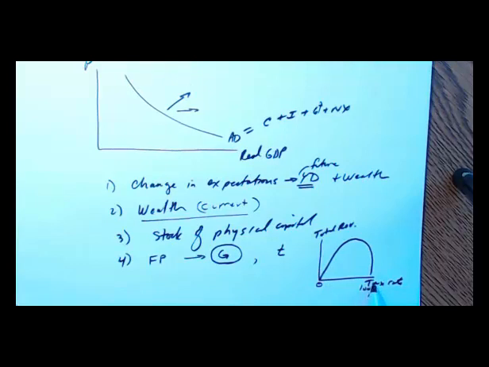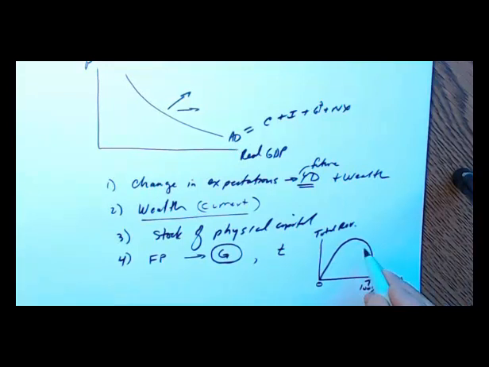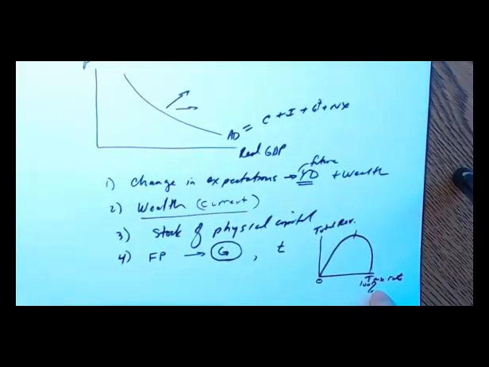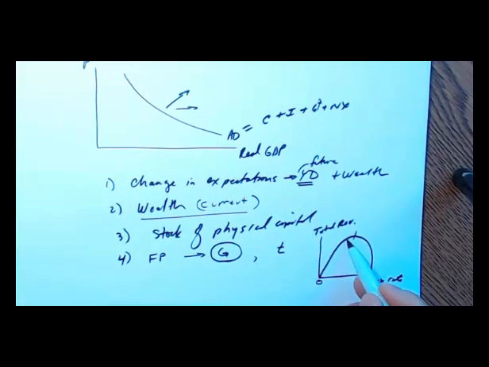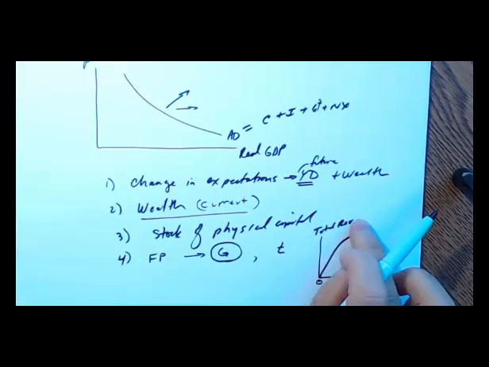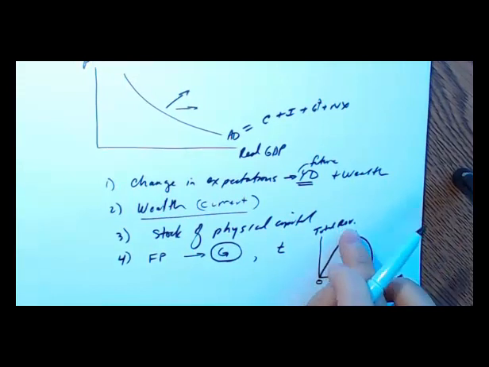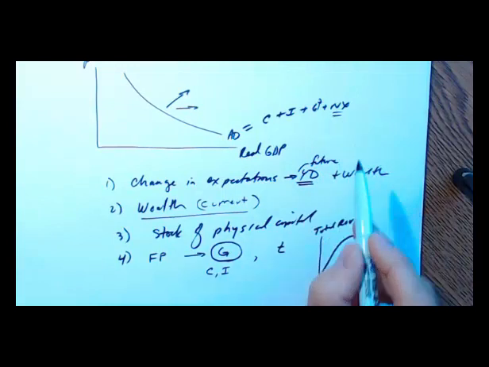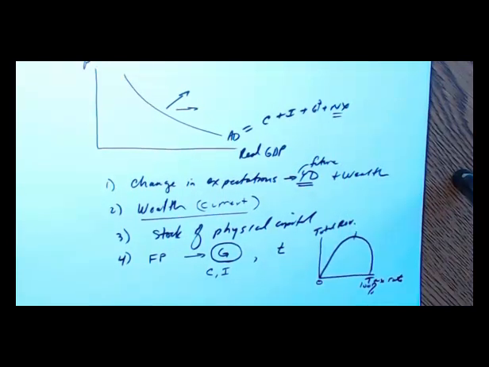If you have a 100% tax rate, the government collects no revenue because nobody wants to work, because every penny they earn goes to the government. There's some optimal point here for maximizing the total revenue. There's an optimal tax rate there. So changing the tax rate will affect the total revenue of the country, and it'll have obviously effects on consumption. It could have effects on investment, and tariffs could have effects on imports and exports.